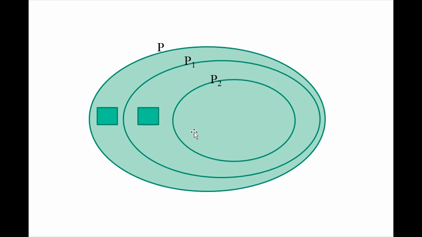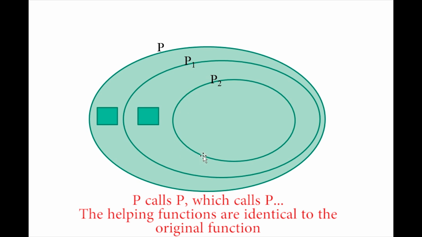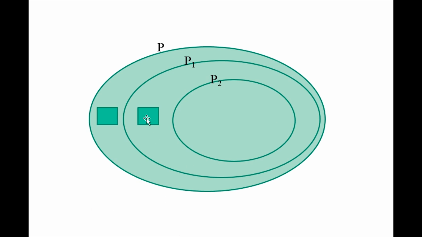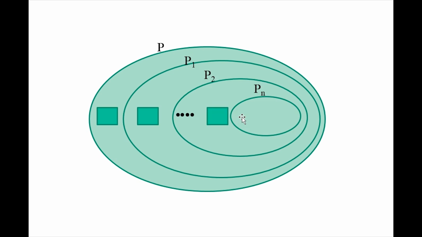So we see that a solution to P1 is obtained by combining a solution to P2 with a simple calculation. P2 is of the same shape and nature as P1, and this pattern repeats itself until the problem is reduced to a small problem, which is easy to solve.